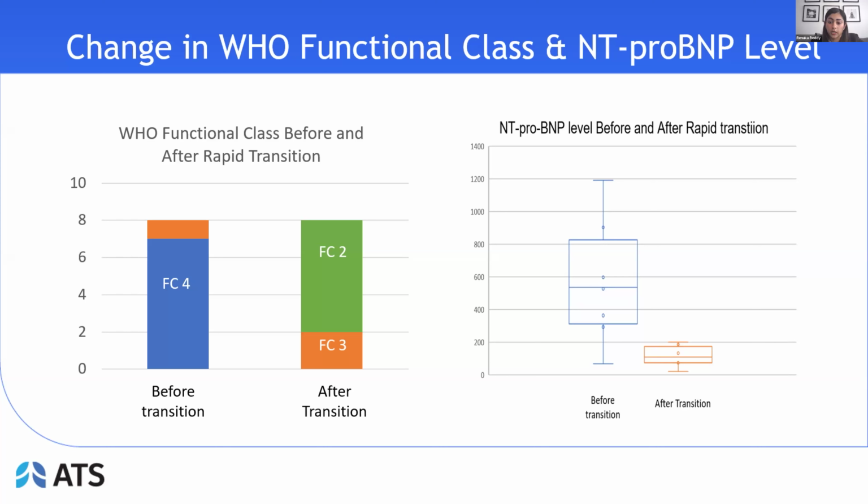At time of discharge, we saw that 25% were in functional class 3, and we had 75% in functional class 2. On the right, we see a box plot demonstrating the NT-proBNP levels from pre to post therapy. The average NT-proBNP level that we were dealing with pre-treatment was around 500. And then at the time of hospital discharge, we saw an improvement down to 100.